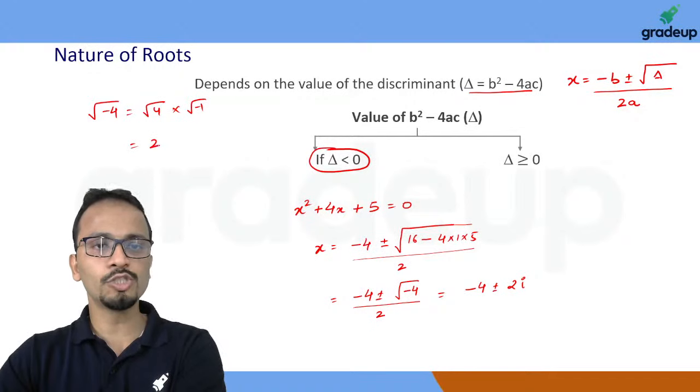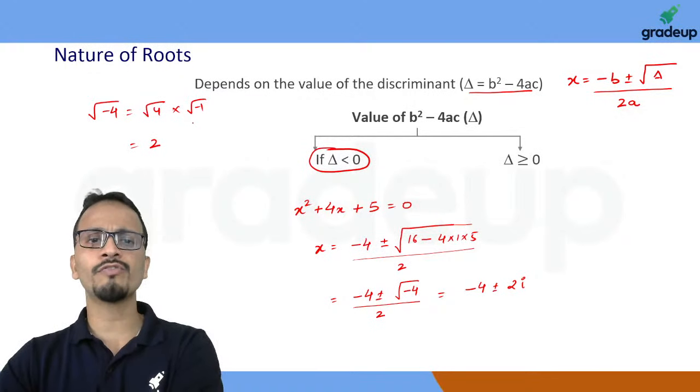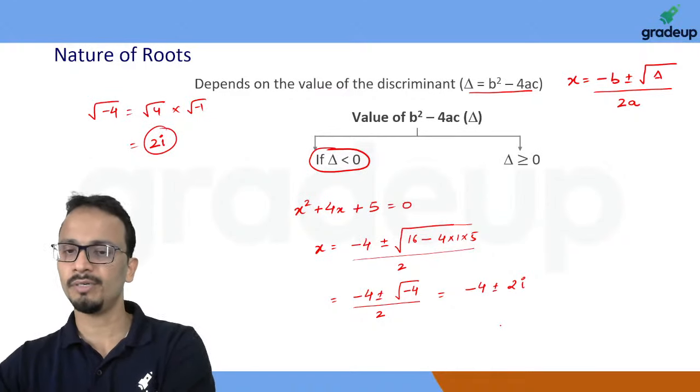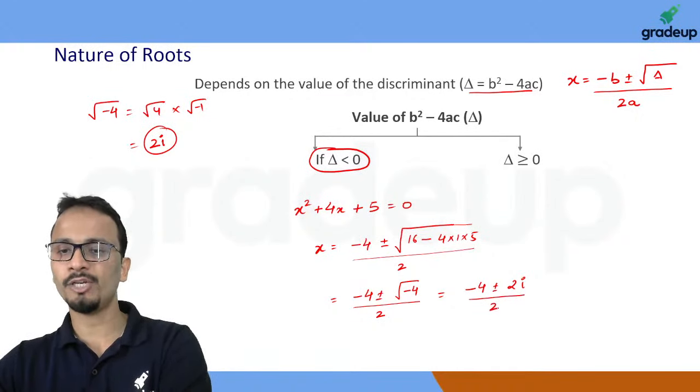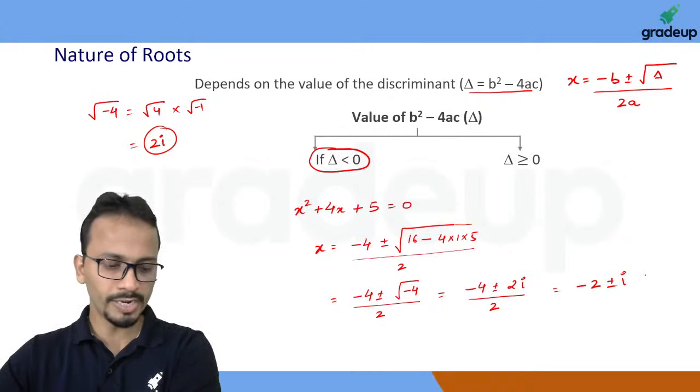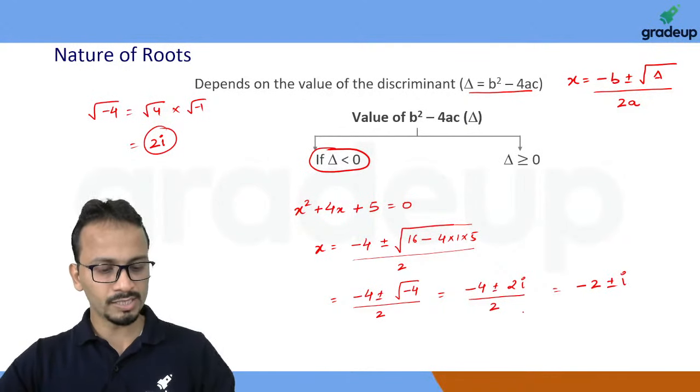Under root of 4 is 2 and under root of minus 1 is iota. This is an imaginary number. Whole divided by 2, which can further be written as minus 2 plus minus iota.